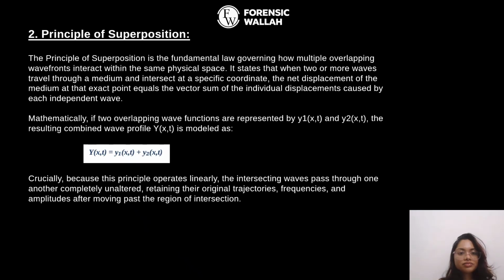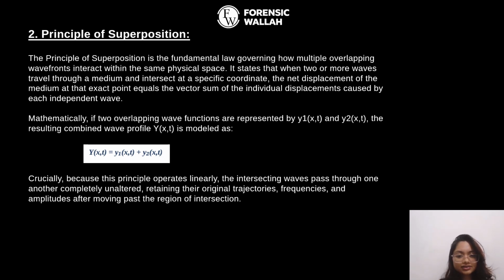Now, the principle of superposition. Now that we understand how an isolated light wave propagates, we must ask what happens when multiple waves cross our paths. The answer lies in the principle of superposition, which is the fundamental law governing how overlapping wavefronts interact within the same physical space.